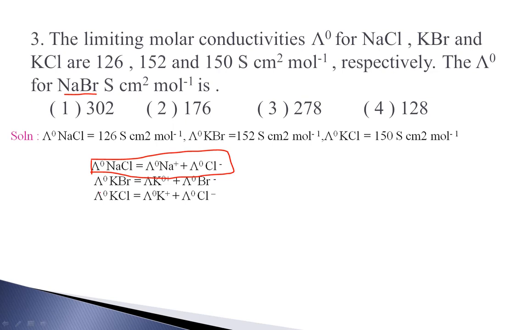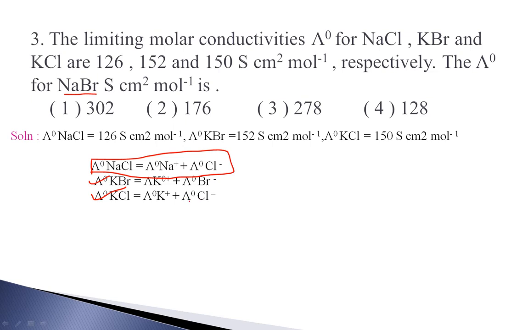Similarly, the ionization of KBr and KCl are the same. Lambda naught of KBr equals lambda naught of K plus ion plus lambda naught of Br minus ion, and lambda naught of KCl equals lambda naught of K plus ion plus lambda naught of Cl minus ion.